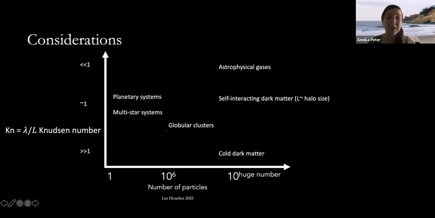We're not going to talk about globular clusters, but they're really fascinating, and if you're a dynamics nerd, I strongly encourage you to read more about them because they are super awesome. Then, as I showed before, we've got various cosmological components: cold dark matter, self-interacting dark matter, and astrophysical gases over in the large N limit, but with different Knudsen numbers.